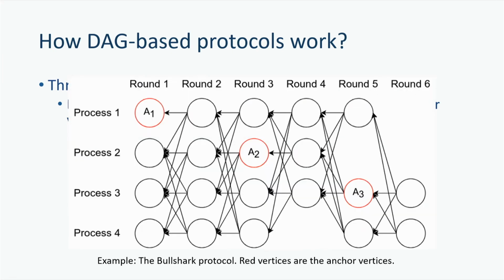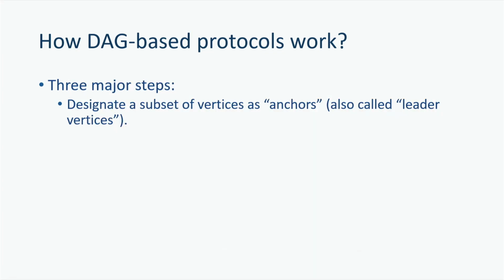For example, this is a figure for the Bullshark protocol, which is a simple DAG-based protocol. And you can see that in every second round, you have one of the vertices marked red. This is what we call the anchor vertices. It's essentially the anchor created by the leader of the odd-numbered round.